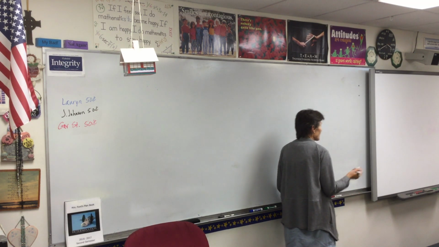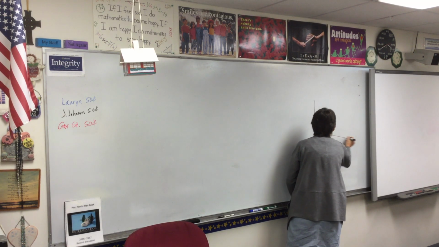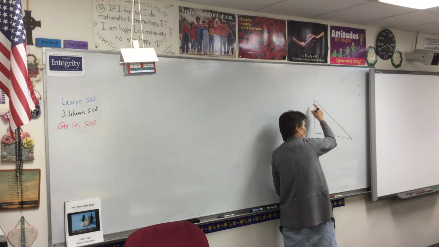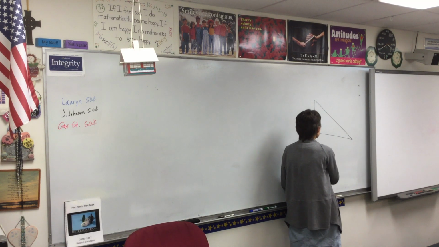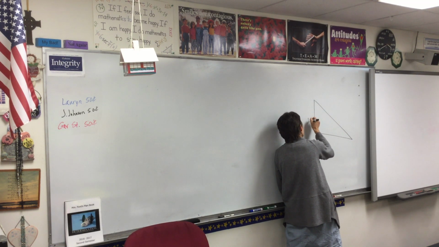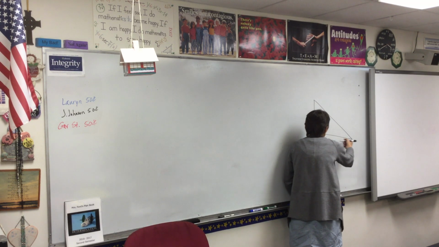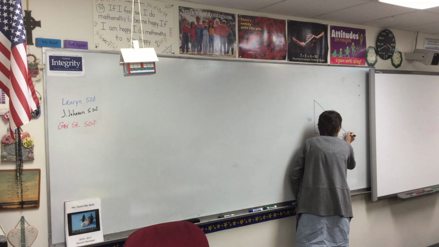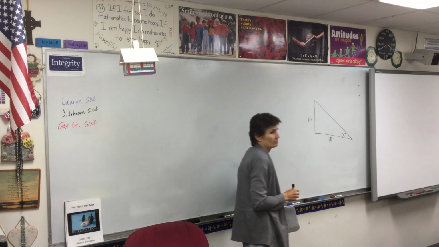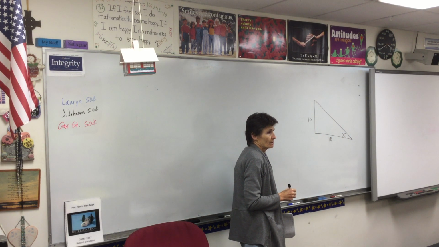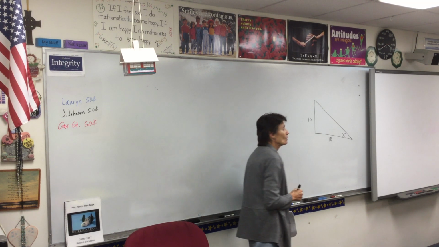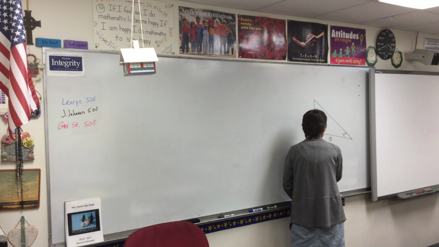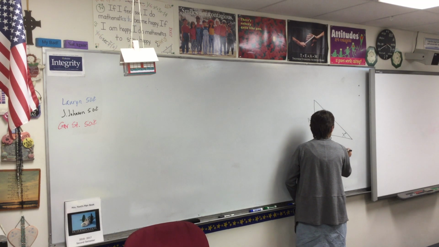So I want you to think back a couple days ago when we did those squirrel in the top of a tree problems. Let's say the tree was 10 feet tall and the nut was 18 feet from the base of the tree, and we wanted to find the angle. Do you remember what was special about this? The equation would be tan x equals 10 over 18.